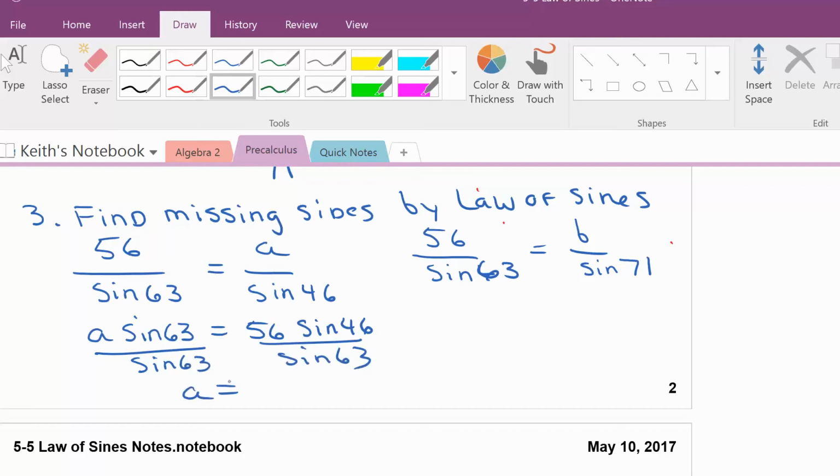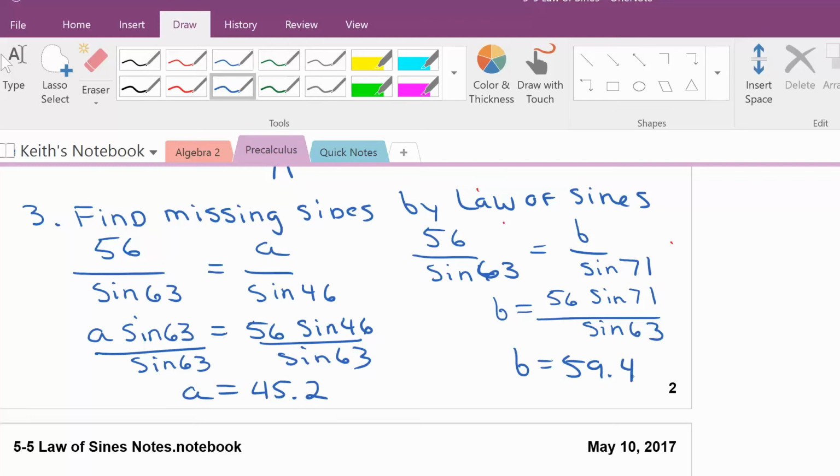And you get A equals 45.2. Here you do the same thing. So B is going to equal 56 times sine 71. But then you have to divide by sine 63. And you get B is equal to 59.4. So those are your missing sides.